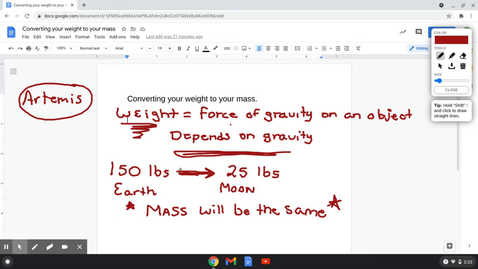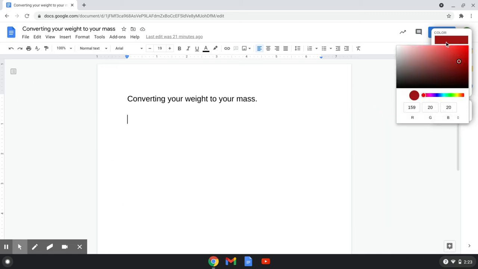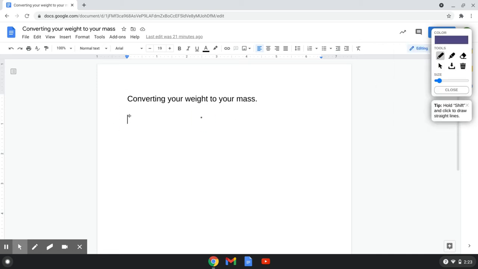All right, let's calculate that now. Let's say you're 150 pounds. The formula here is that weight is the mass times g, where g is the gravitational acceleration.